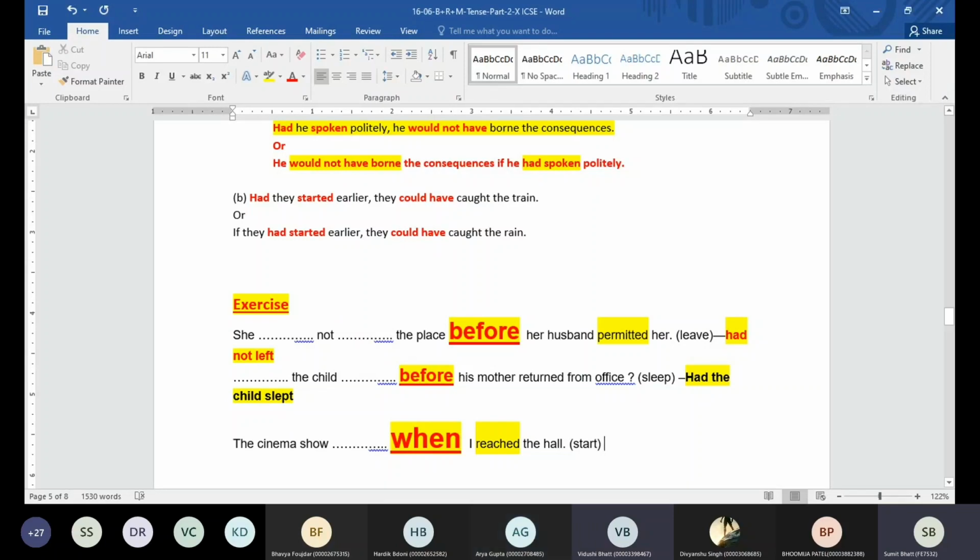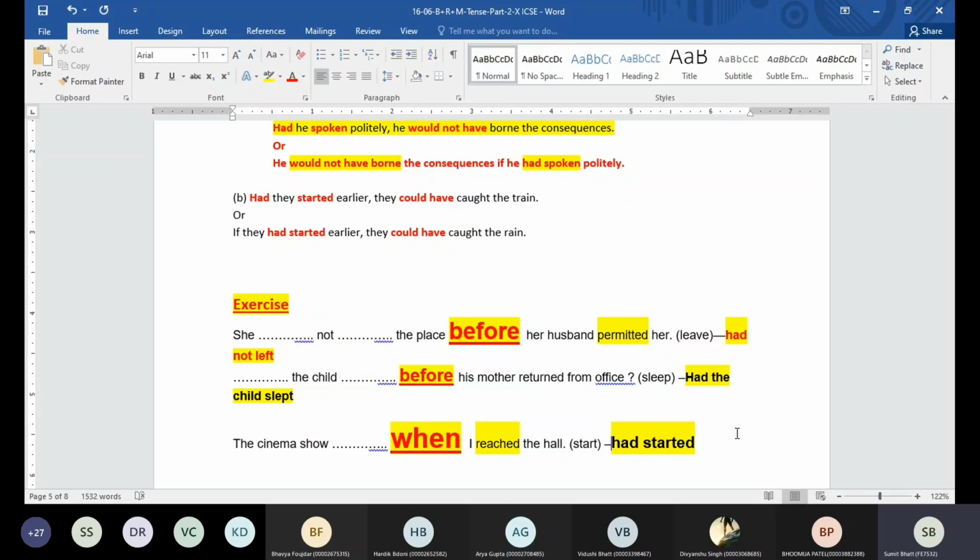Had started. Very good. Okay, why we are using had started and not was starting? Because it is reached in the second. We are saying that something had started. That means something was completed already. Okay, or something had started in the past when something else took place.